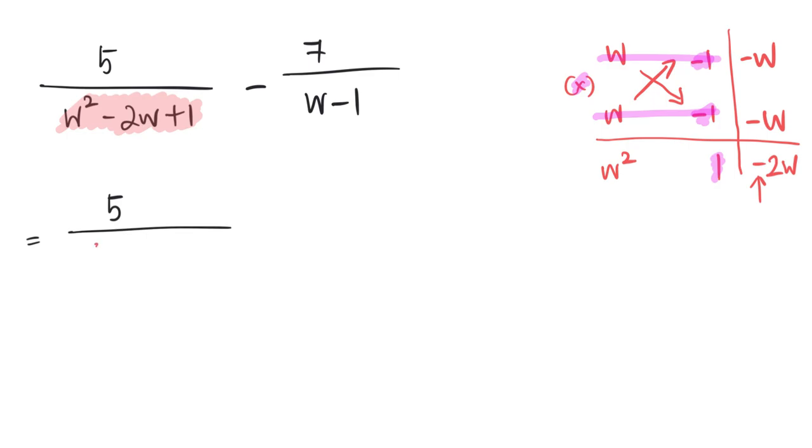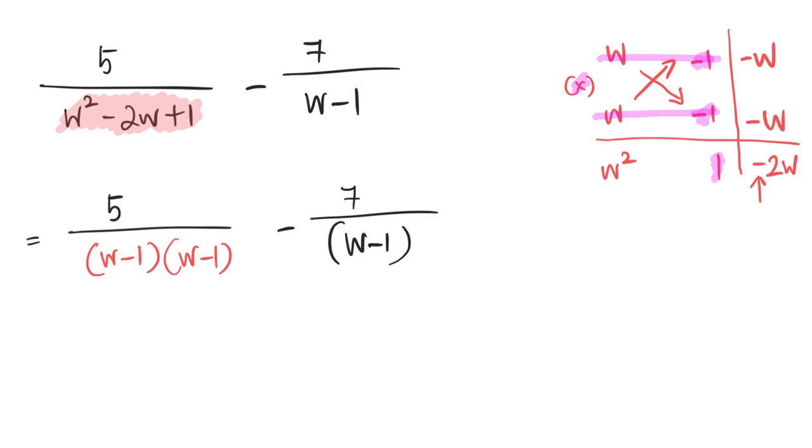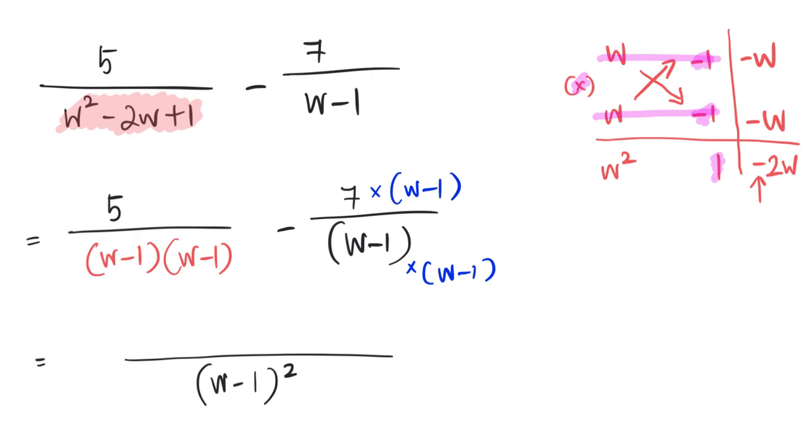This will be W minus 1 times W minus 1, and I realize, hey, they are the same. So I just need another W minus 1 here, so that we could then rewrite them as W minus 1 bracket square.